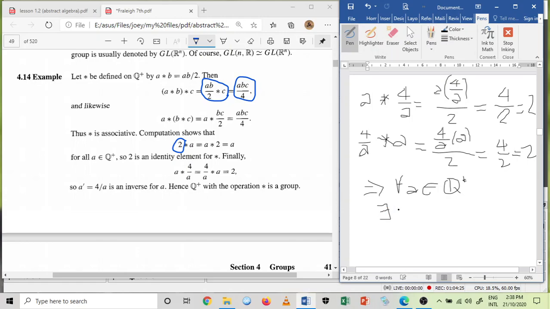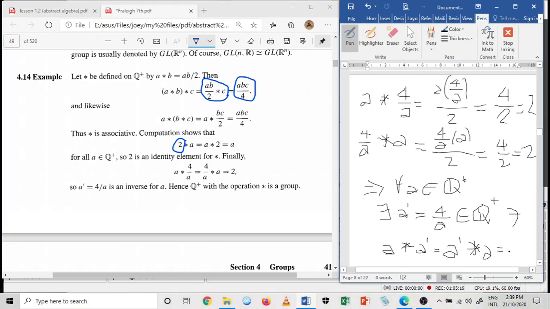For every element A in the set of positive rational numbers, we can always find an A inverse which is equal to 4 over A, which is in the same set, such that A operation A inverse is equal to A inverse operation A, which is equal to the identity element 2.